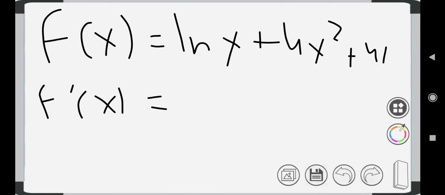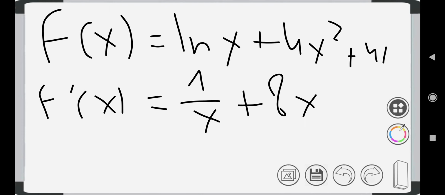The derivative of natural log of x is just 1 over x. If you're asking why, I can't really explain it in this video because it is kind of complicated. You can watch our videos on math if you're interested. And the derivative of 4x squared using the power rule is plus 8x. And the derivative of 41 is just 0.